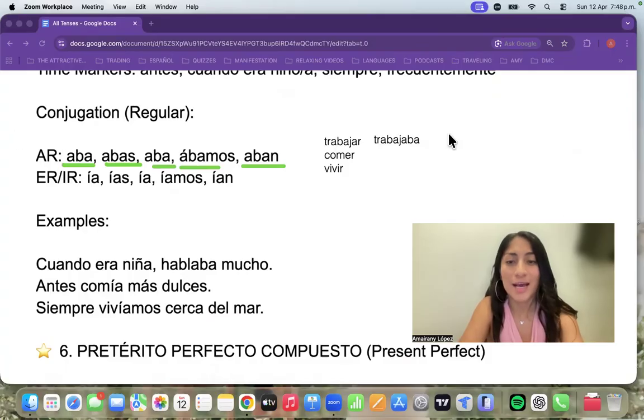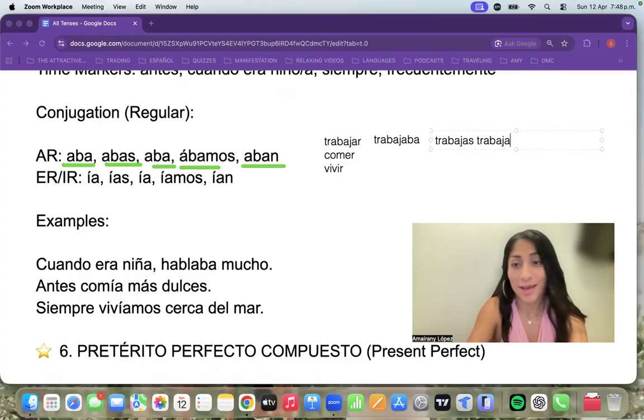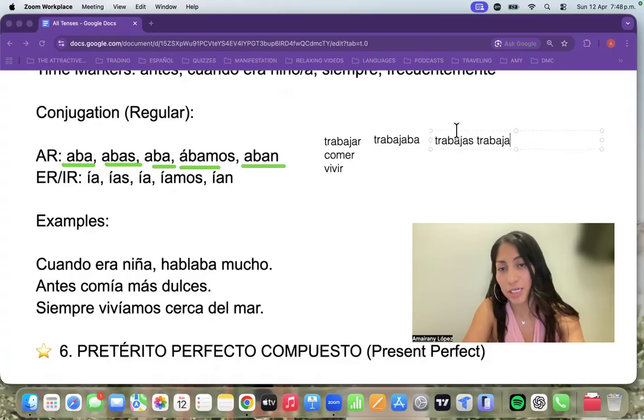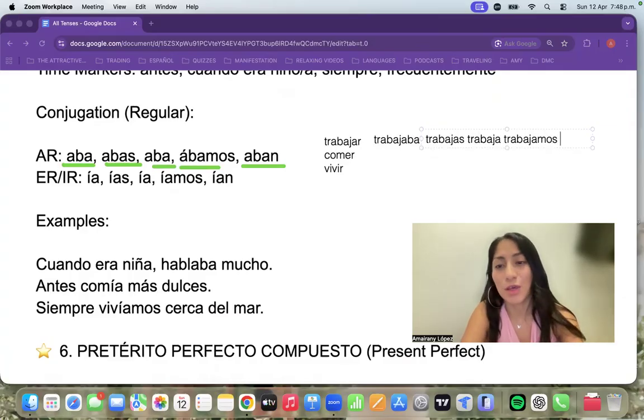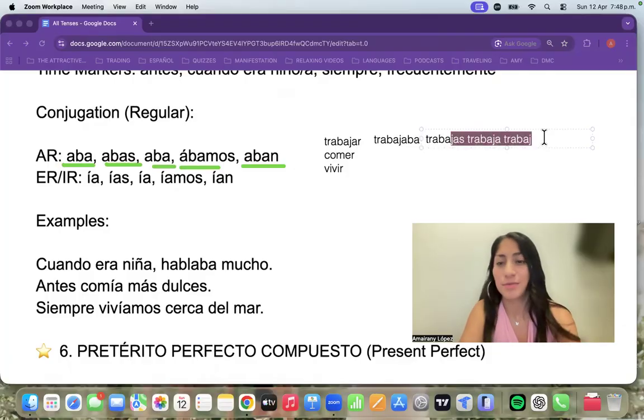We would just add an S to it, and that would be trabajabas, okay? For she, we would just take out that S. Also for he, right? She and he are pretty much the same thing in terms of conjugation. And trabajábamos, sorry. Oh my God, what am I? I'm sorry. I'm so sorry.